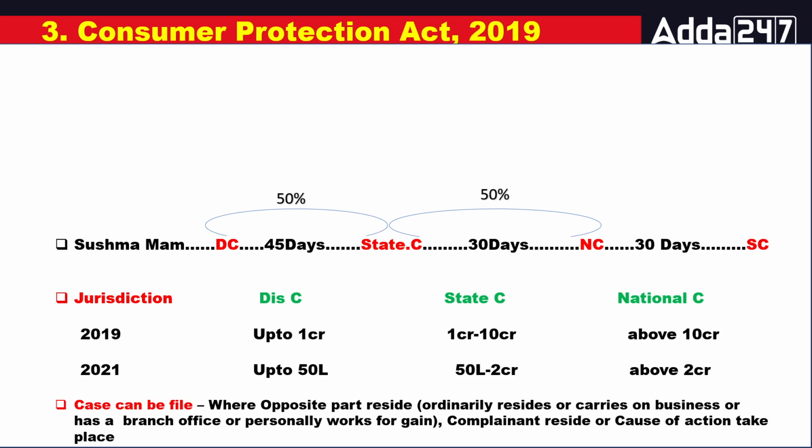So class, in the Consumer Protection Act, we can say that the customer, this is a consumer, if he wants to file the case in district commission, 2 years is the limitation period.